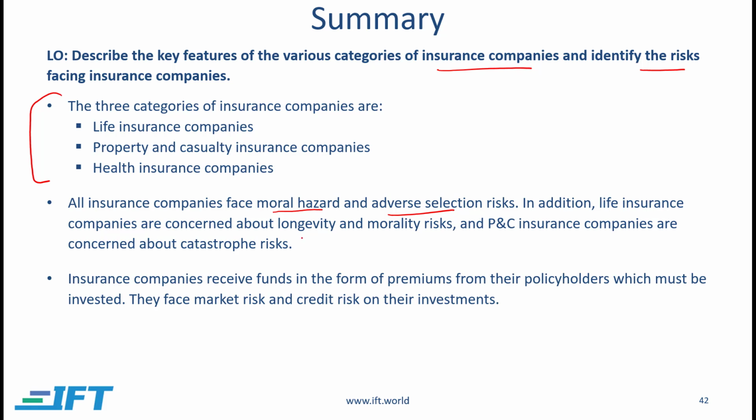Life insurance companies are obviously having the problem where whatever their probabilistic analysis is of how long somebody is expected to live, if they live longer than that, then that's a longevity risk. If they live shorter than that, that's a mortality risk. So we're not really going to be happy with either, right? What we want is to be right with our statistics.